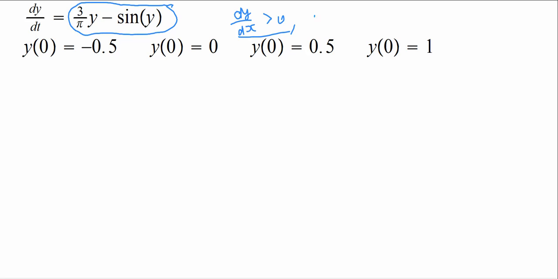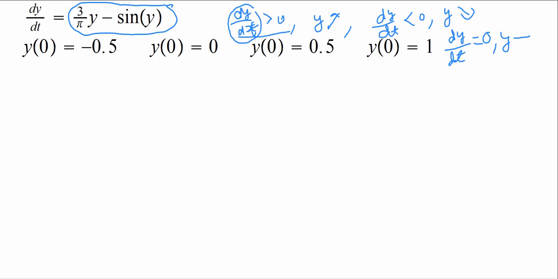If this is positive, y increases there. If dy/dt is negative, y decreases, and if dy/dt is 0, then y is going to be a horizontal line as a solution.